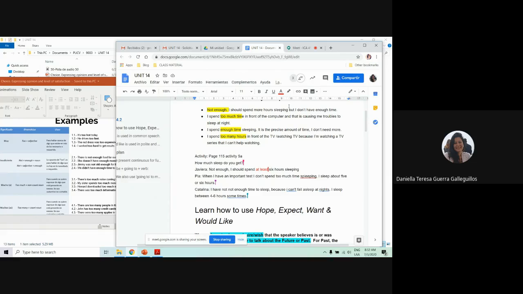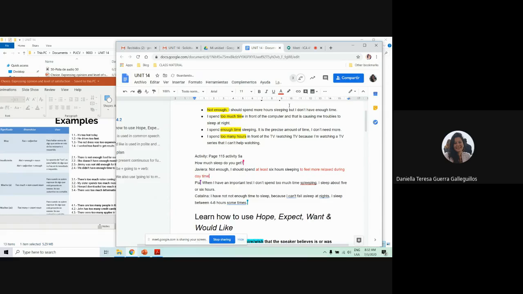So not enough. I should spend at least 6 hours sleeping to what? Maybe to feel better or to feel more relaxed during daytime. Maybe it could be.